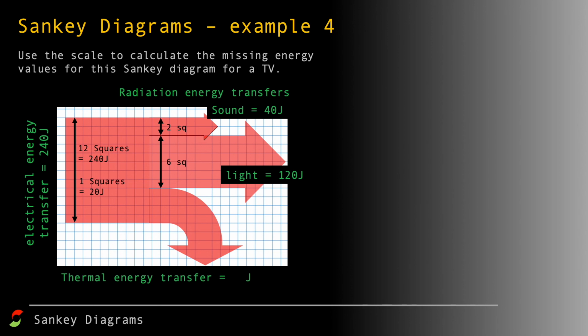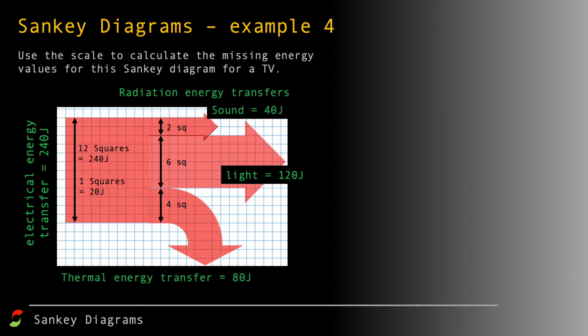So let's see how much thermal energy is transferred or dissipated to the surroundings. So that's that thickness there. So we've got 4 squares. So one square is 20 joules, and 4 squares is therefore 80 joules. And we can do a quick mental check.